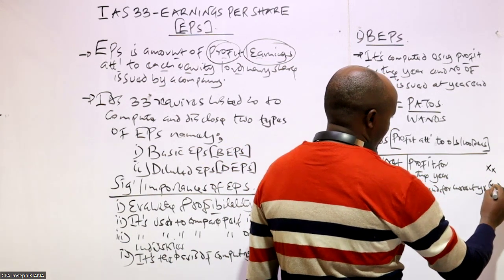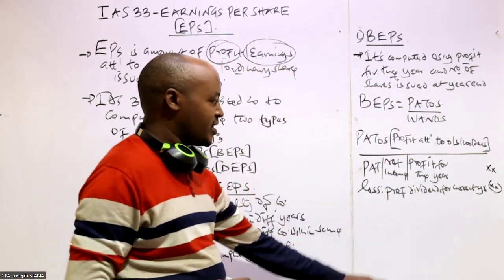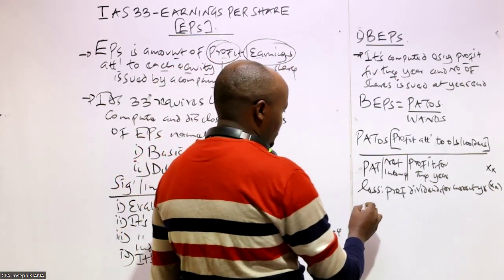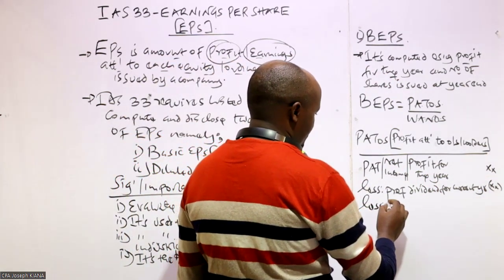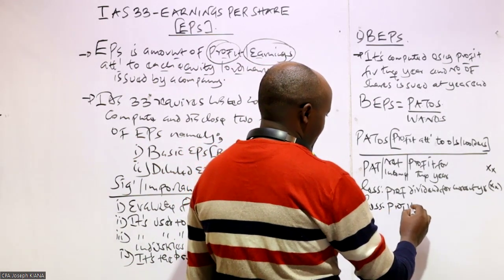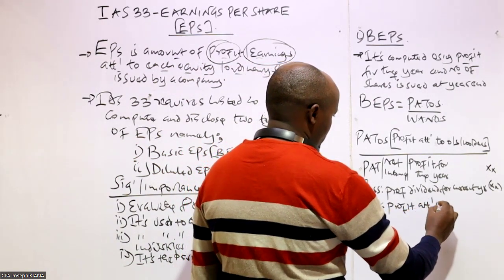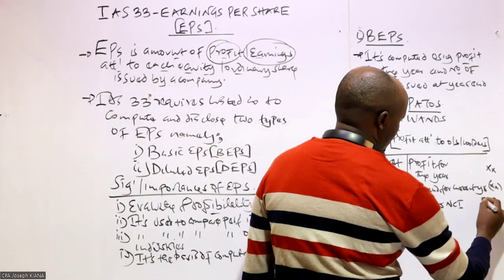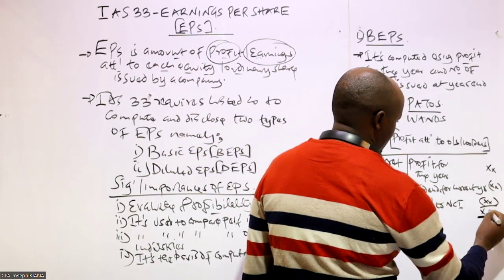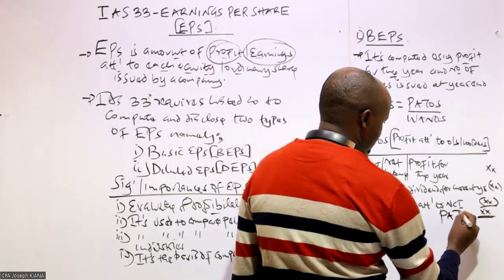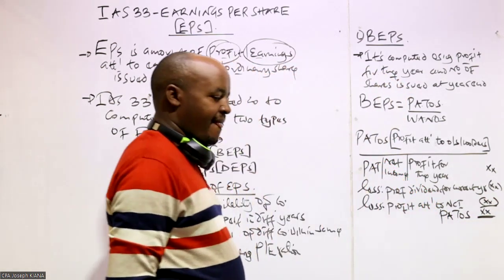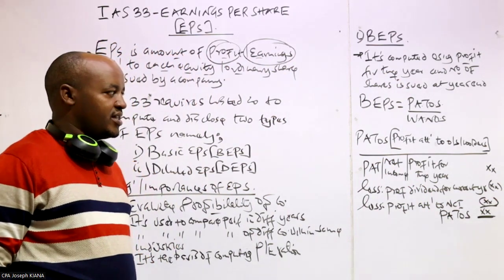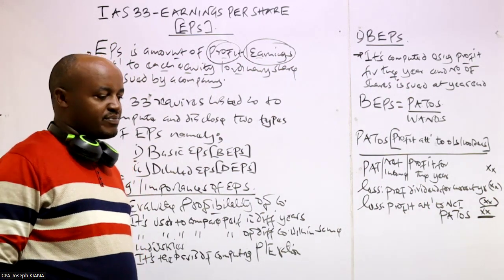And then if we happen to be computing the earnings per share for a group of companies, to this we also less the profit attributable to NCI, profit attributable to non-controlling interest. So this is basically how we get the profit attributable to ordinary shareholders. And basically that is one of the items which we need to have anytime we are computing the basic earnings per share.